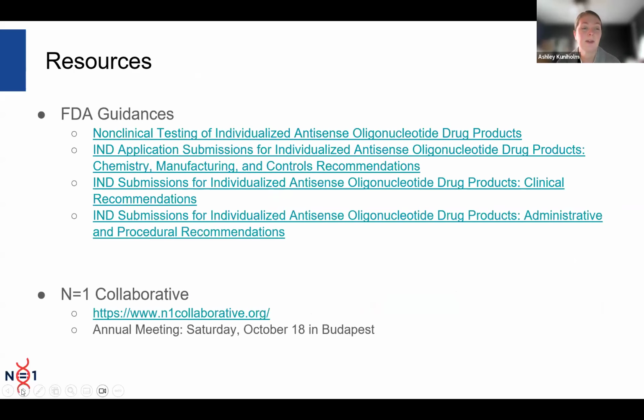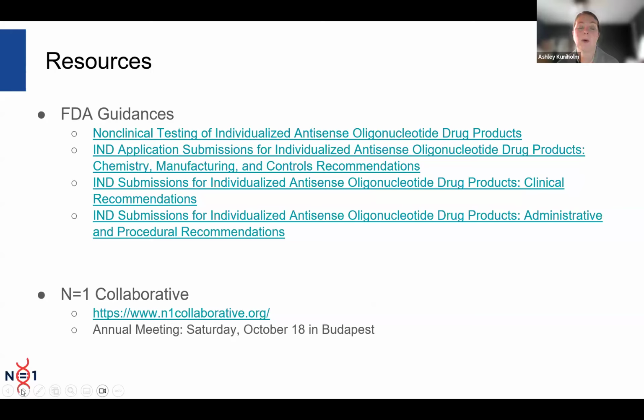And then briefly, I'm just going to let you know what the FDA has published. There's 4 guidances. There's one for the non-clinical testing, so what they recommend for toxicology and so on. They are permitting, when it makes sense, single species rodent toxicology studies.